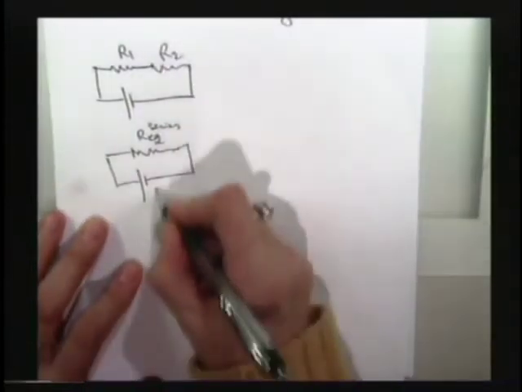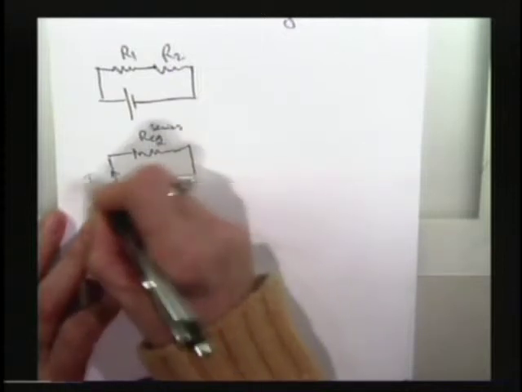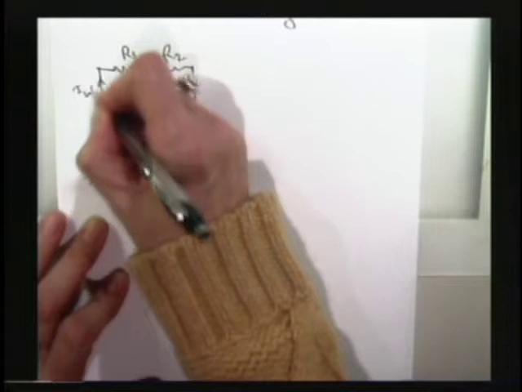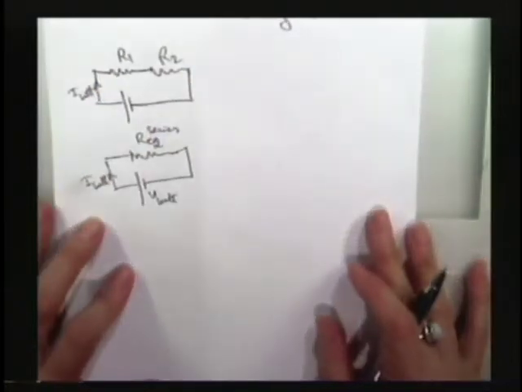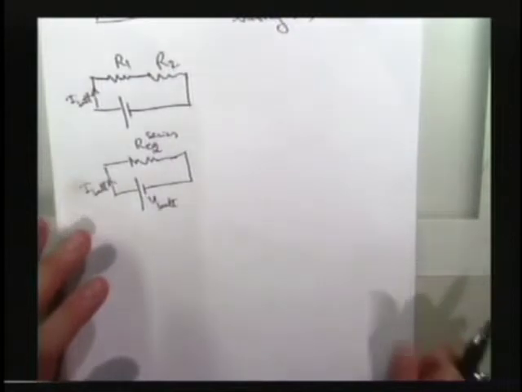Which means for the same V battery, I need to have the same current coming from the battery and going through the two resistors. So how can I calculate R equivalent? Are there any laws I need to use?